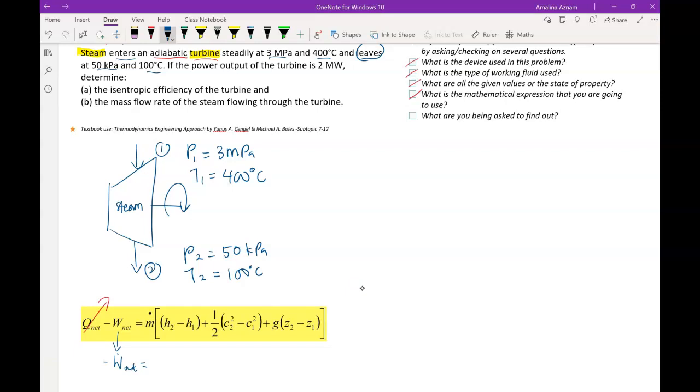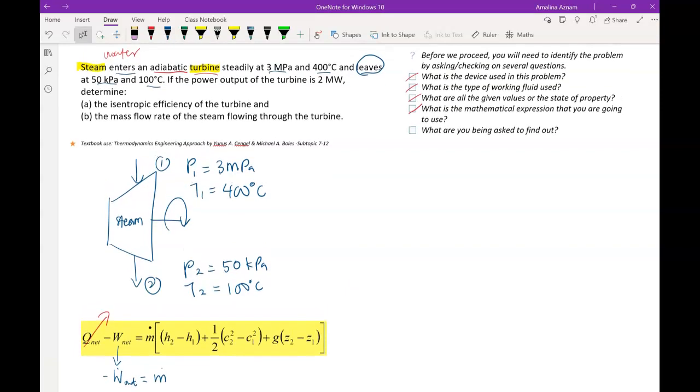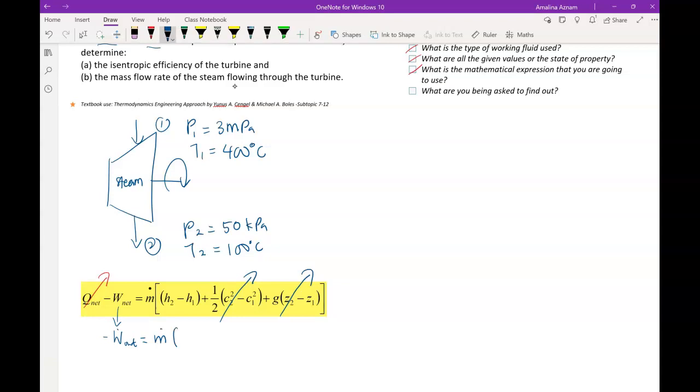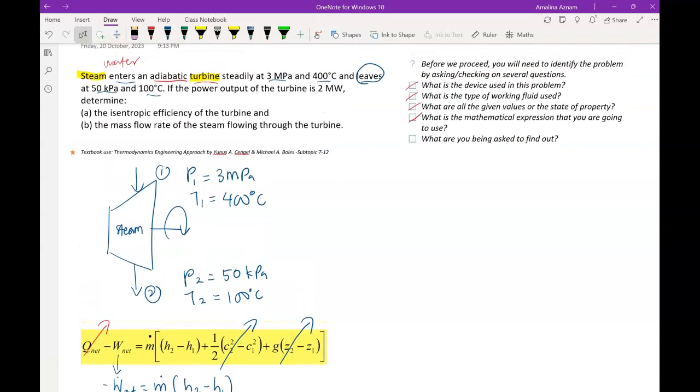Next, it doesn't give you the kinetic energy, so this term can also be cancelled out, right? And it doesn't give you the potential difference, so this can also be cancelled out, right? That leaves you with m dot (h2 minus h1). Okay, and you were asked to find the isentropic efficiency and also the mass flow rate of the steam.